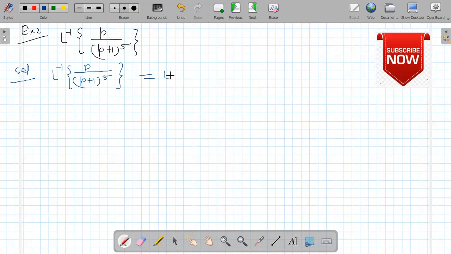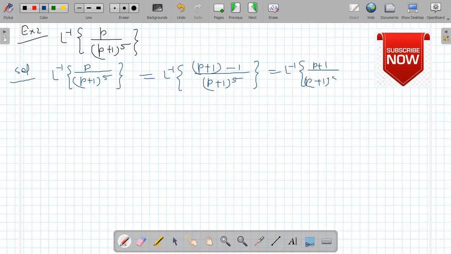So for that, let's add 1 and subtract 1. Now separate both the terms. One is p plus 1 upon p plus 1 raised to the power 5. And another one is, let me write it in the next line because both are not coming here.